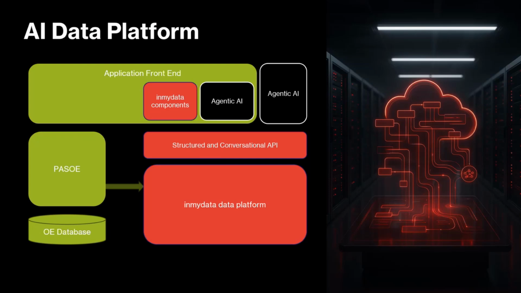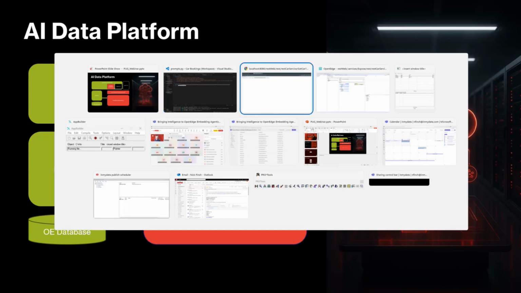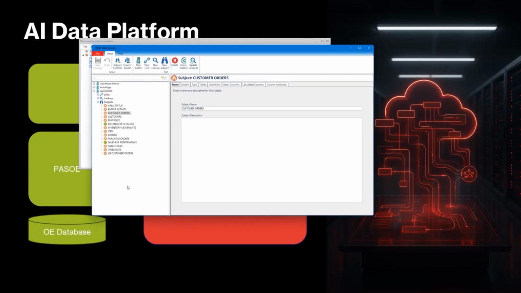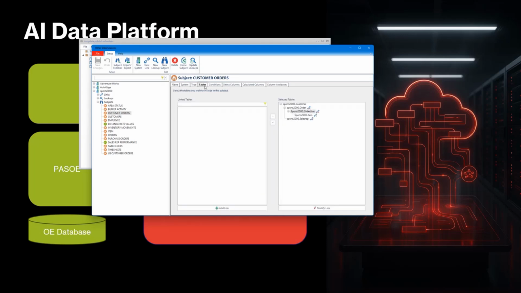If you have a traditional on-premise database and you want to push data up to the cloud, then we have a little tool that you can install locally next to the database, our scheduler. All you need to do is install a procedure library in the ProPath on your app server, and you can then use this tool to select the tables that you want to include in the export that you're pushing up to the cloud.